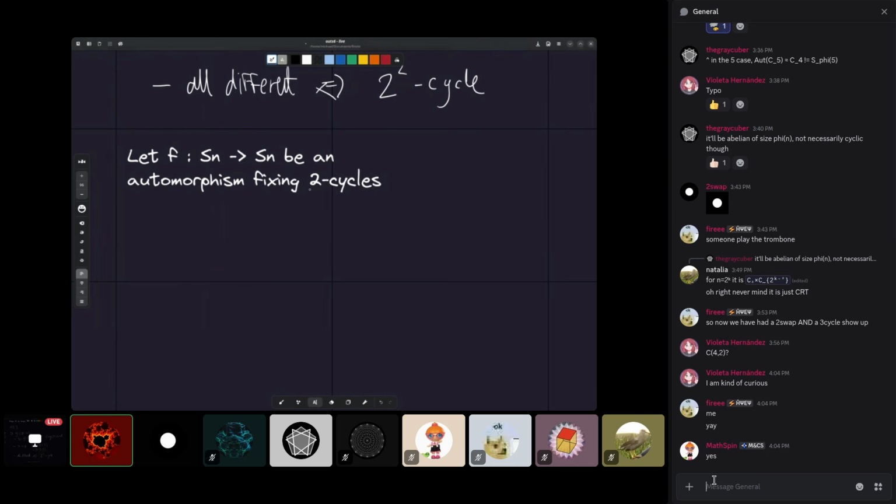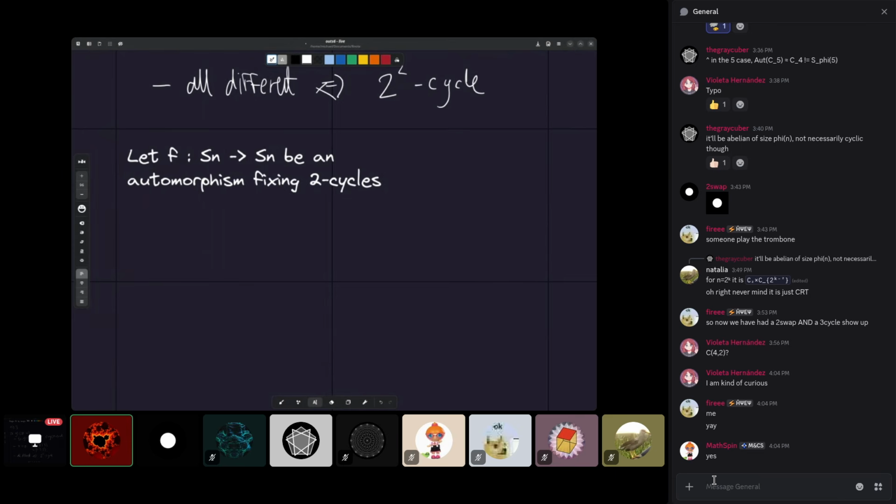If I was talking about fixing all the 2 cycles, F would just have to be the identity. So fixing 2 cycles just means every 2 cycle goes to a 2 cycle, not necessarily the same 2 cycle you started with. Good to clarify.